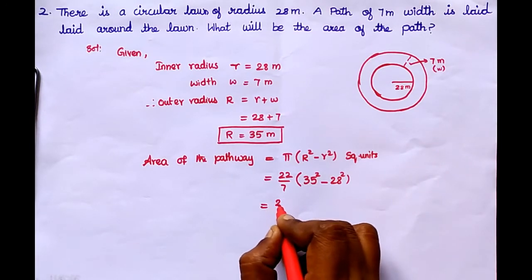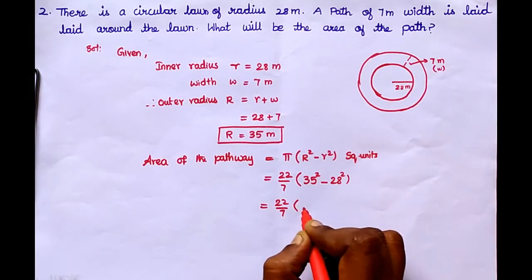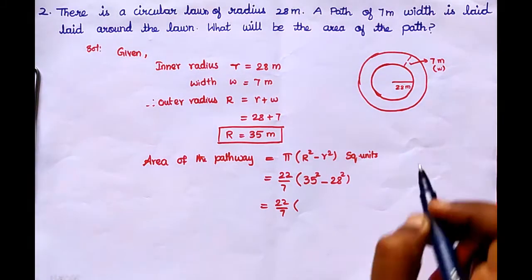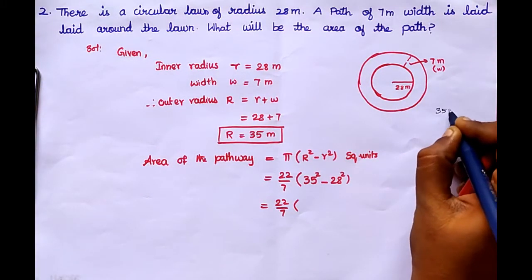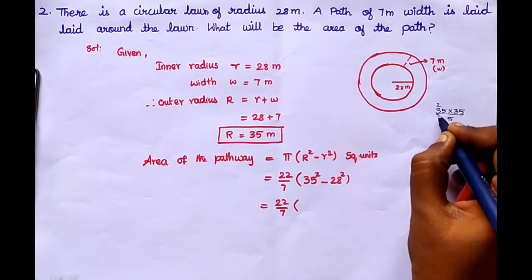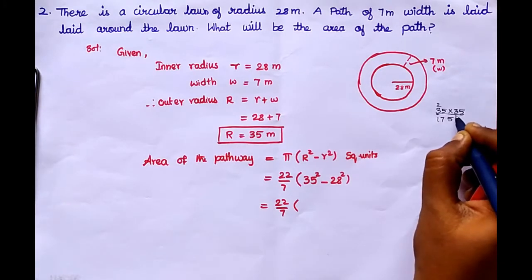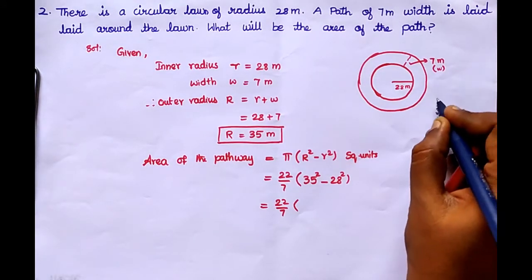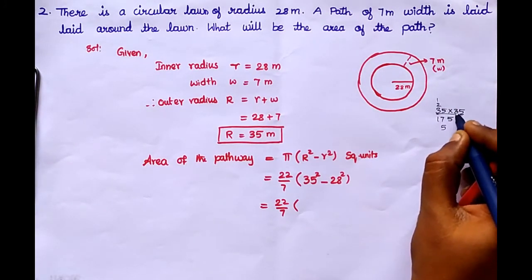That is equal to 22 by 7 into 35 squared. 35 into 35. 5 5s are 25. Carry over 2. 3 5s are 15 plus 2 is 17. 3 5s are 15. Again carry over 1. 3 3s are 9 plus 1 is 10.